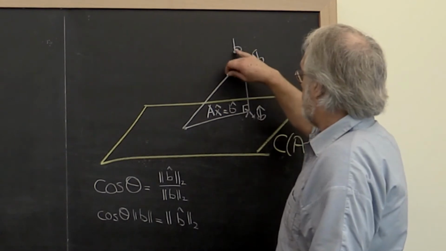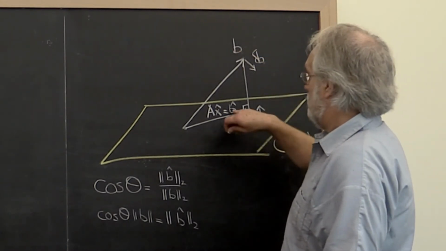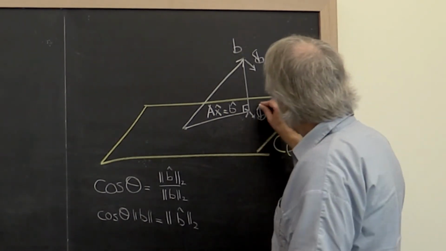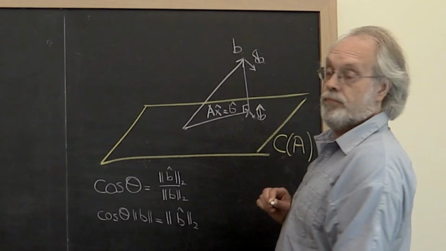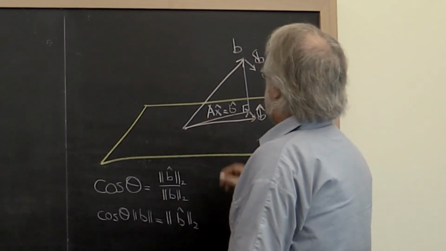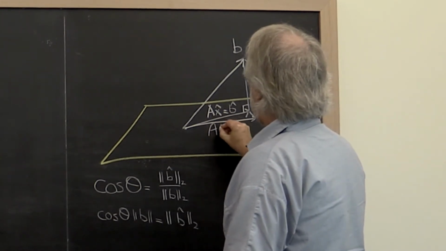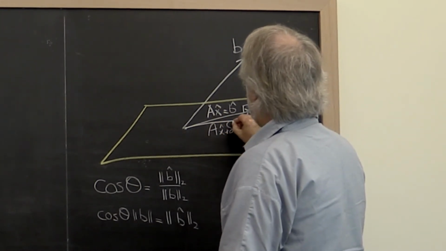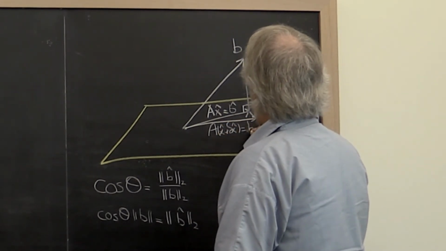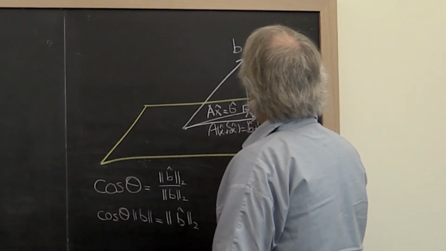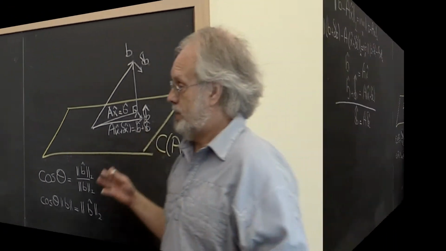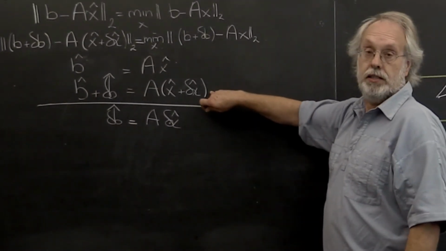And the projection of b plus delta b is then b hat plus delta b hat. Alright? So that gives us this vector right here. And then what we're looking for is the x hat plus delta x hat that satisfies A times it equals b hat plus delta b hat.